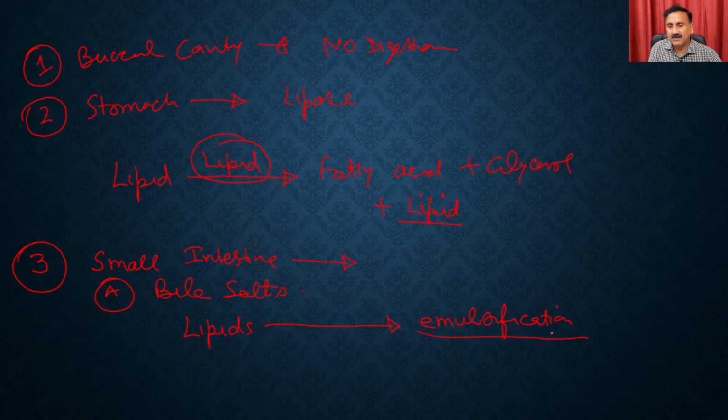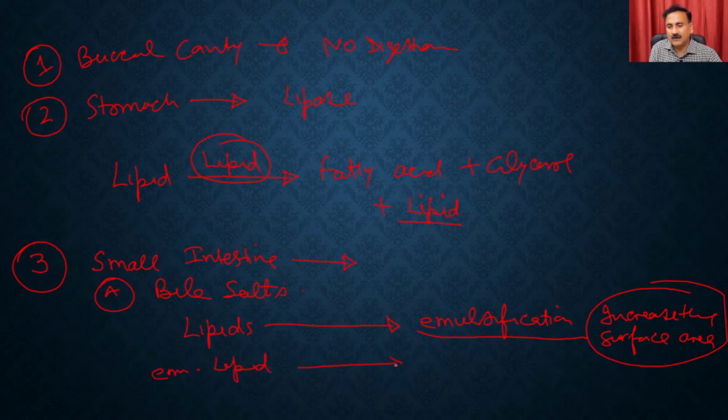So, what is meant by emulsification is that it is going to increase the surface area. Okay. Once it increases the surface area, it is good for the enzyme to act on. So, it is going to emulsify the lipids, and the emulsified lipids are then acted on by the enzyme lipase, right, and that is going to convert the lipids into fatty acid and glycerol, and these are the monomeric units.